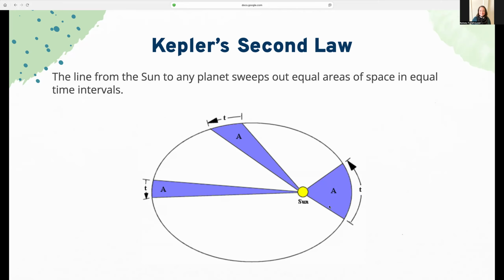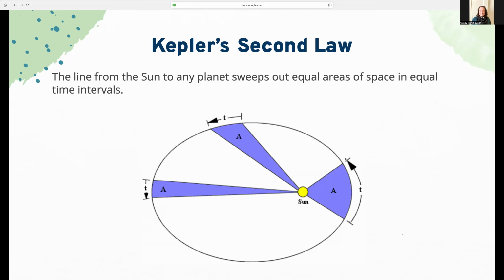But if you want to decipher the actual wording here in the image, this is a planet moving, and it says a line connecting the planet to the sun sweeps out equal area in equal time. So the planet orbits this distance here along the ellipse in the same amount of time as each of these farther away from the sun distances.